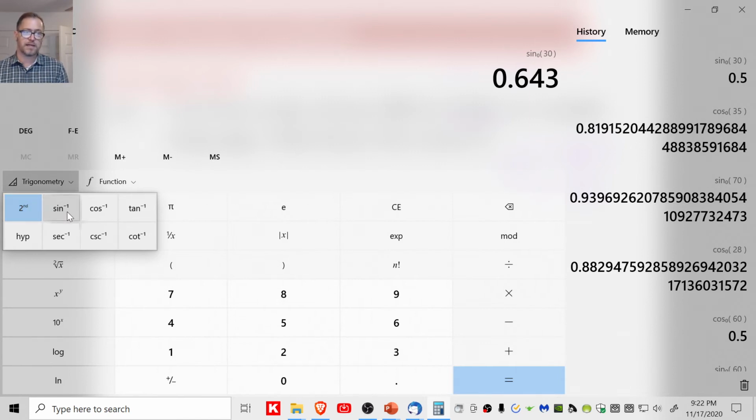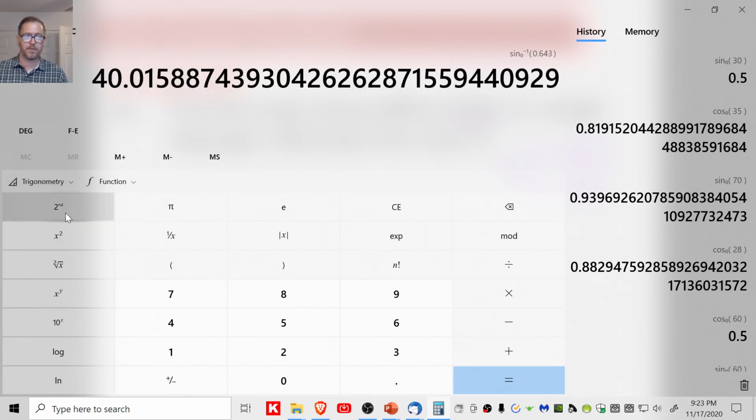When you push second, a little exponent of -1 appears. That is your symbol and your clue that you're going to go backwards. You've got the ratio of the sides as a decimal, and now you're going to figure out what kind of angle gives you that ratio. So you push sine, bam, and you got the answer, 40.